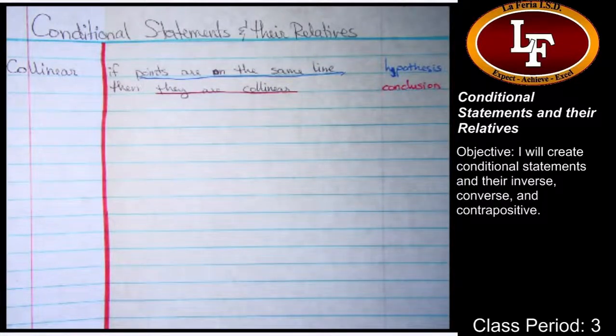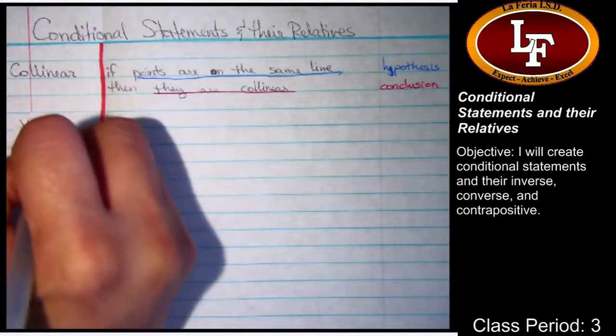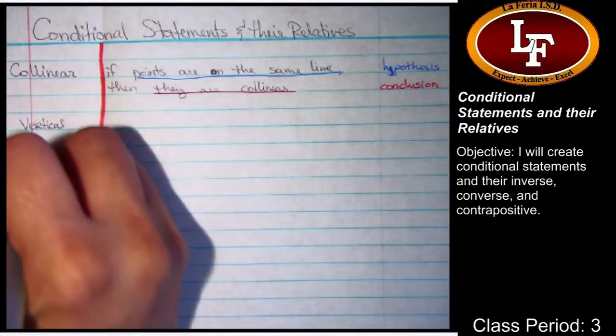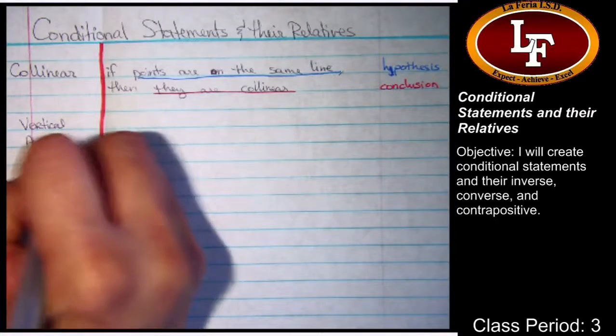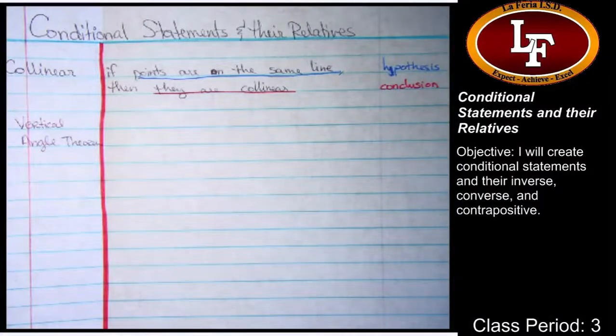All right, so there was collinear. For the fun times, let's do one of our theorems, the vertical angle theorem. Can you find that in your notes from 9/18? I think that was Monday.